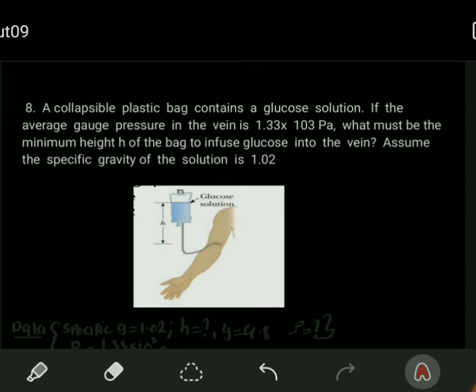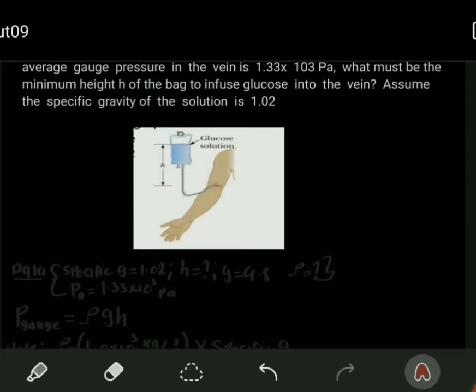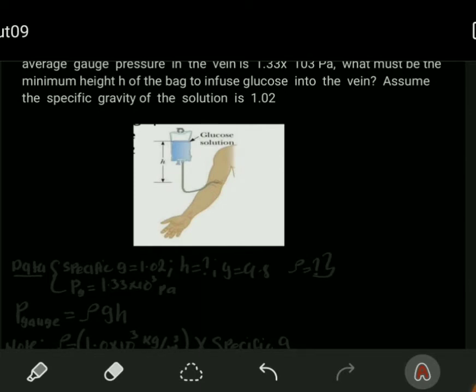Okay, so here we are given the gauge pressure and we want to determine to what height this bag must be raised, so that the pressure will be equal to our gauge pressure here. Let us look at the data that we have.